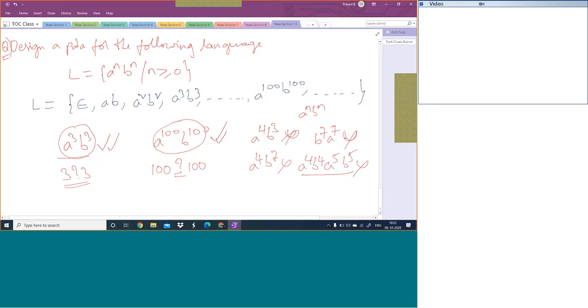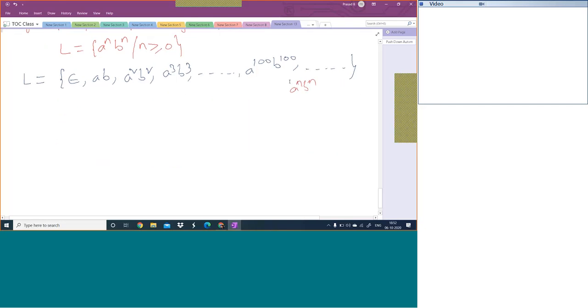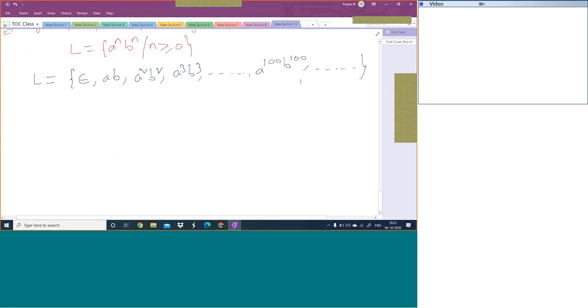Now I will tell you the logic. Suppose the string is a cube, b cube. This is the input string. Already I told you, when the machine starts, there will be only one symbol in the stack.